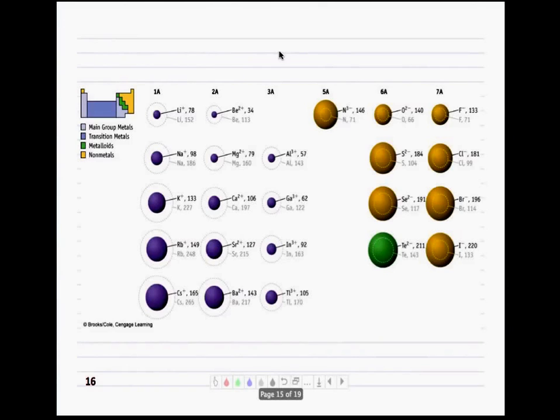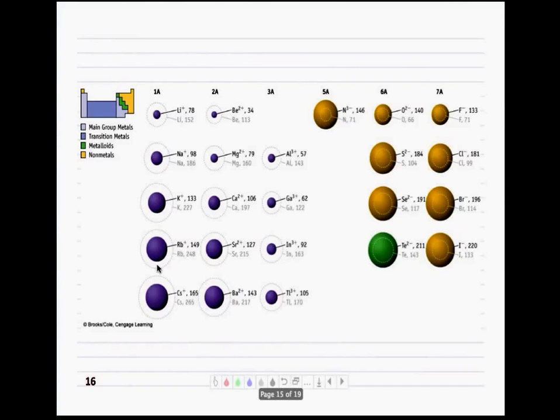We learned that as we go down the group, the radius increases, right? So if I go from hydrogen to potassium, potassium has a bigger radius than hydrogen. The same in here. Lithium plus has a smaller radius than sodium, than potassium, than rubidium, than cesium. So the cationic radius also increases this way.